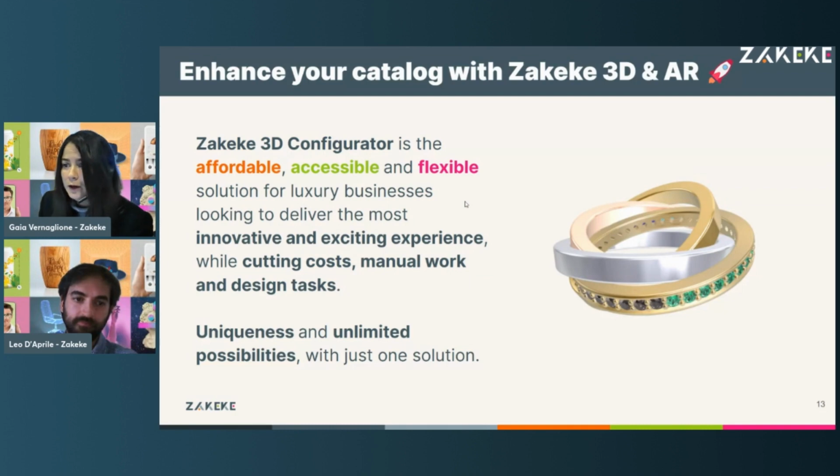We have tons of different customers that work with jewelry and offer different combinations that can go from the color of the actual stone to the shape of the bracelet or of the ring, as well as the combinations of the different bands of those rings together.